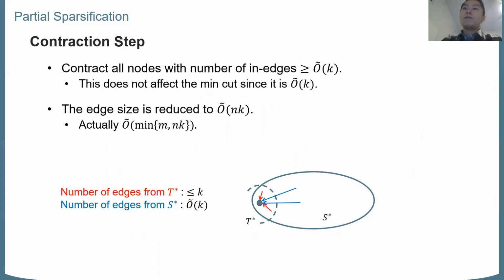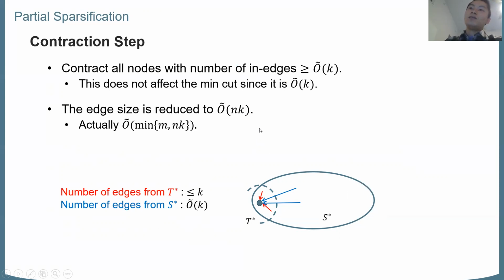And after the sampling, we can now contract all nodes with more than O tilde k in-edges. This does not affect the min cut because we claim all the nodes we contract are in the source side. For a node in the sink side, the number of edges from T star is at most k because T star has size k, and the number of edges from the source side is at most O tilde k because the cut value is O tilde k.